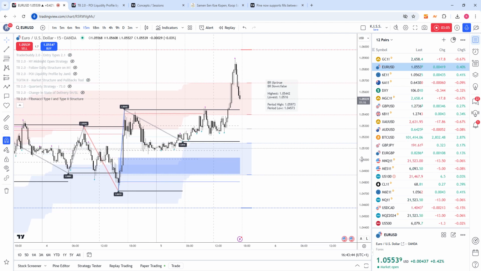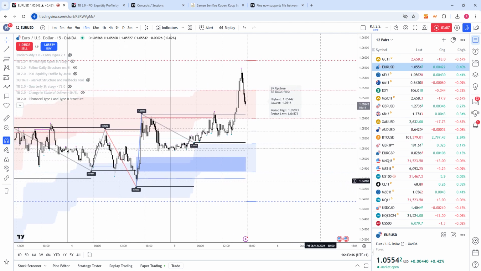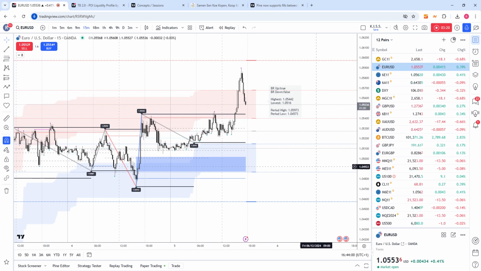And this is mentioned in the course, but not with the explanation of the structure. But this is the look back.